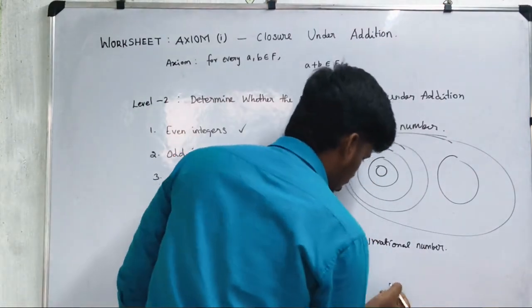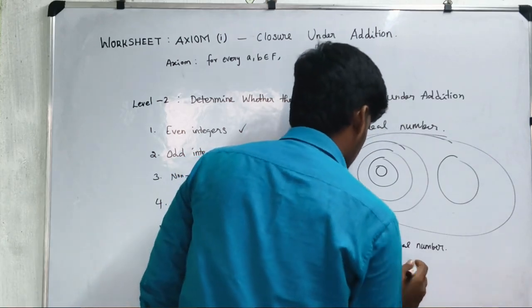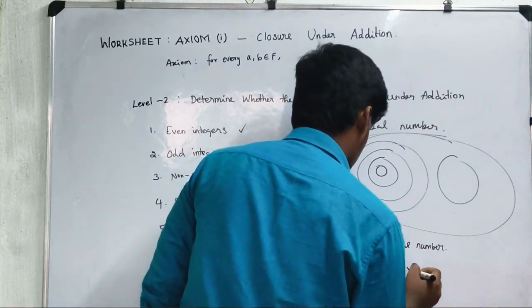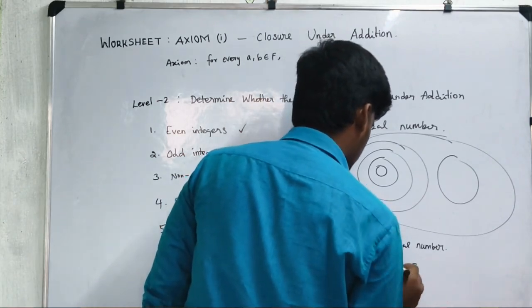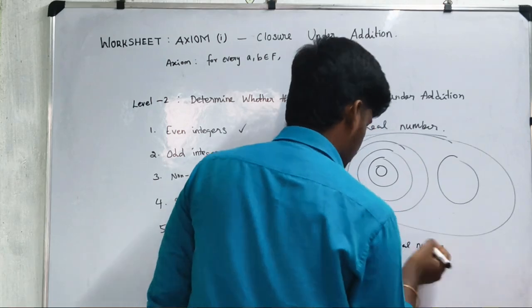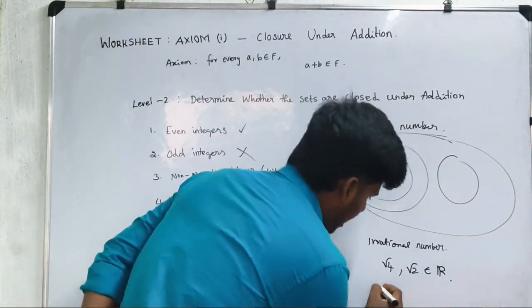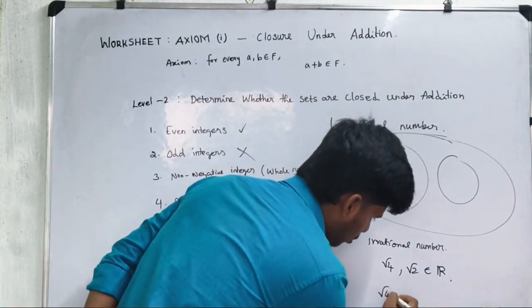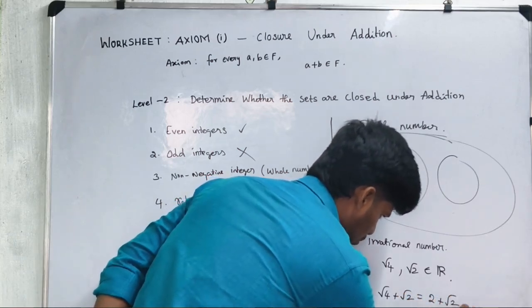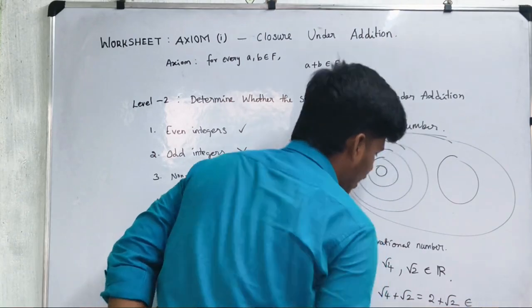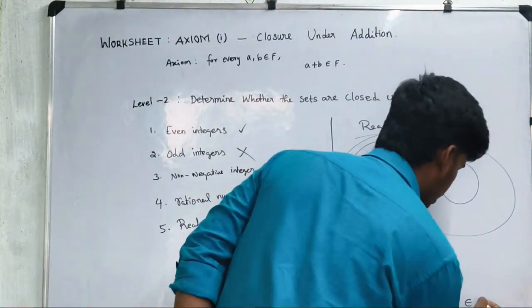I take root 4 plus root 2, both of which are in the real numbers. Adding them, I get 2 plus root 2. This is an irrational term, but it is also in the real numbers.